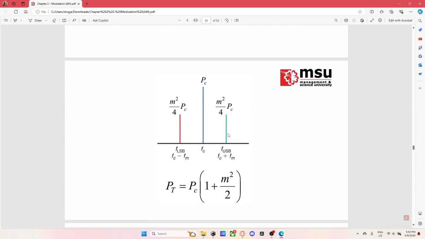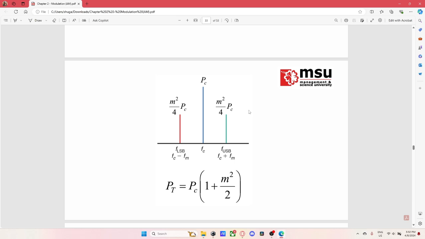This is how you would sketch the frequency spectrum for power, where Fc has the same position as the power carrier, while the power in the upper sideband is this value.